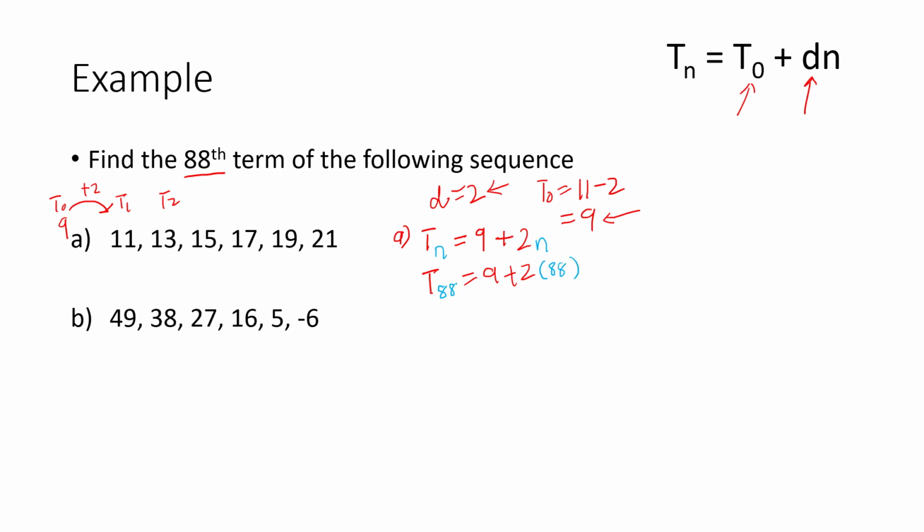So notice what I'm doing. I'm just substituting n with what they want me to find on both sides. If the n down here of the general term changes to 88, the n down here also changes to 88.